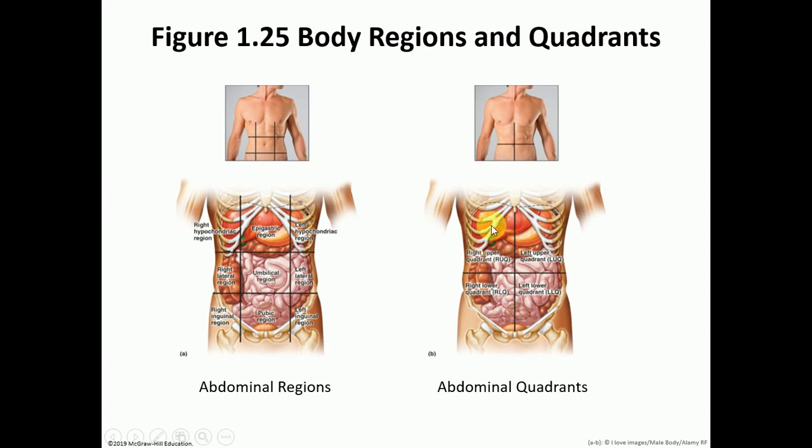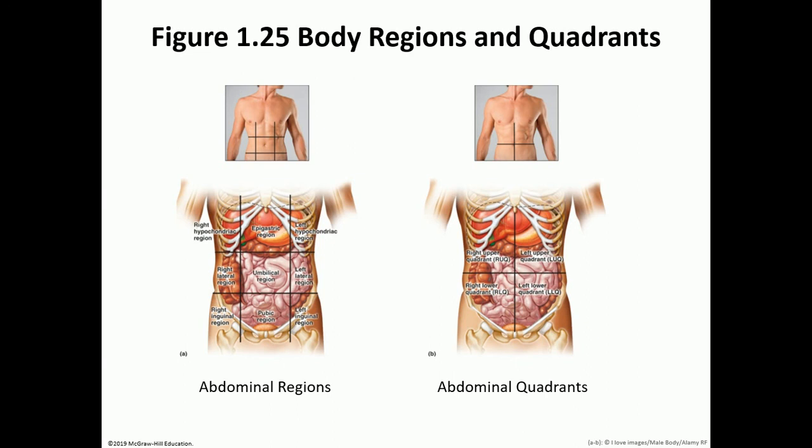So why do we have to know these quadrants? Well, a patient comes in and says they have abdominal pain. They're not going to tell you abdominal pain, but they'll say there's pain, say, in my stomach. Okay, can you tell me exactly where it is? And they will point to this area.